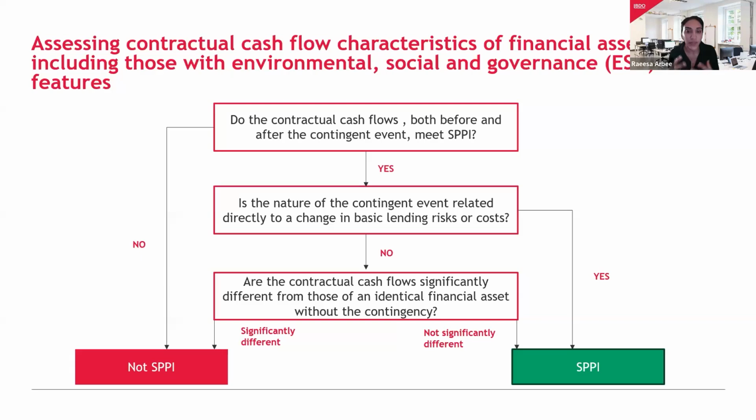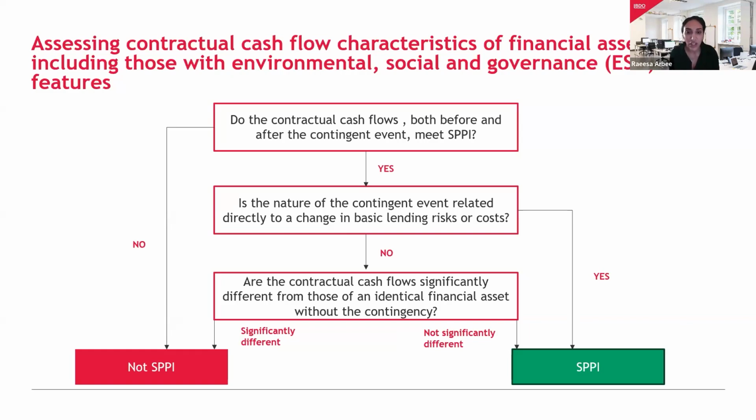And so this is really what this amendment is trying to clarify: where you've got these financial assets that have contingent features, such as the ESG target, in performing the SPPI test, there are now some additional questions that you would need to ask.